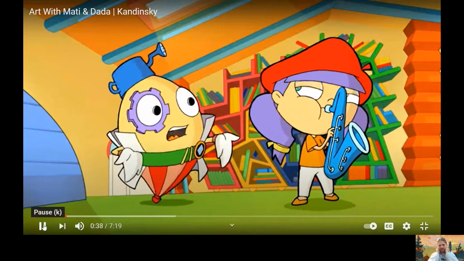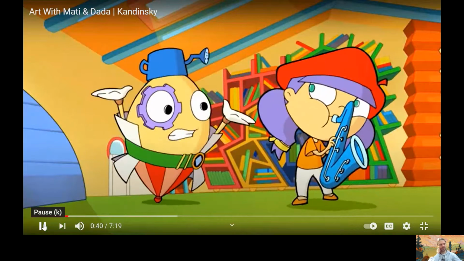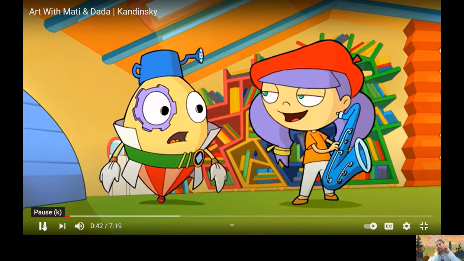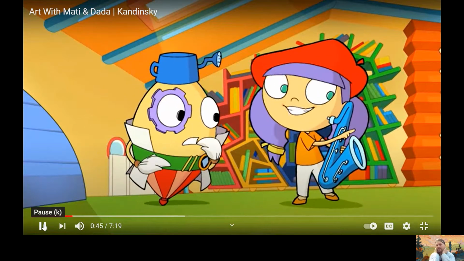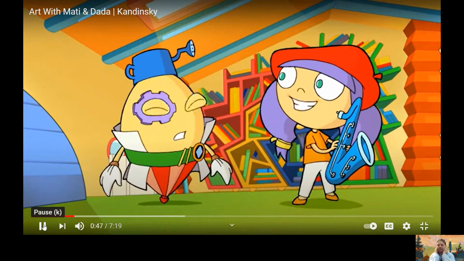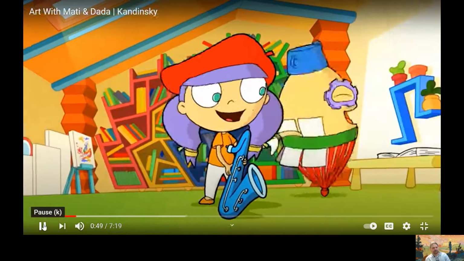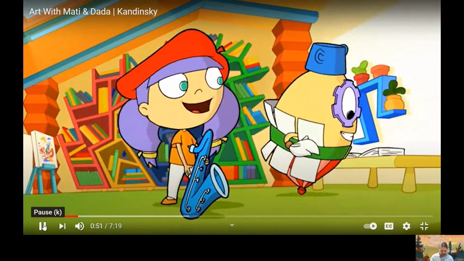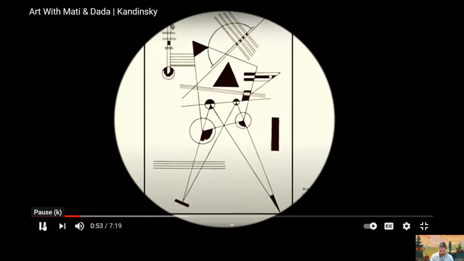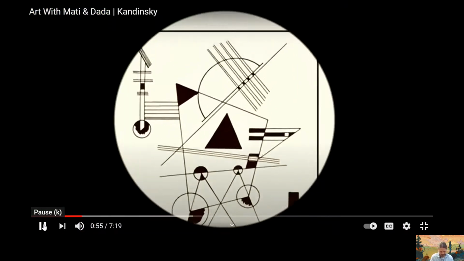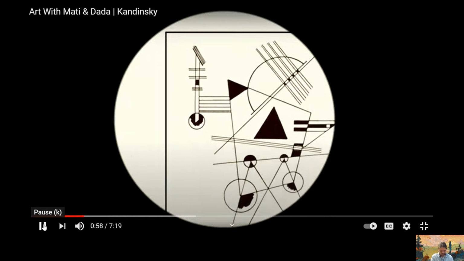Maddie, it's not time to practice your saxophone. You said it was art time. Well, I was looking at art in that book, but there was a funny picture that made me think about music. Whoa, really? Of music? Dada, interesting. It looks like a person, but it doesn't remind me of music very much.